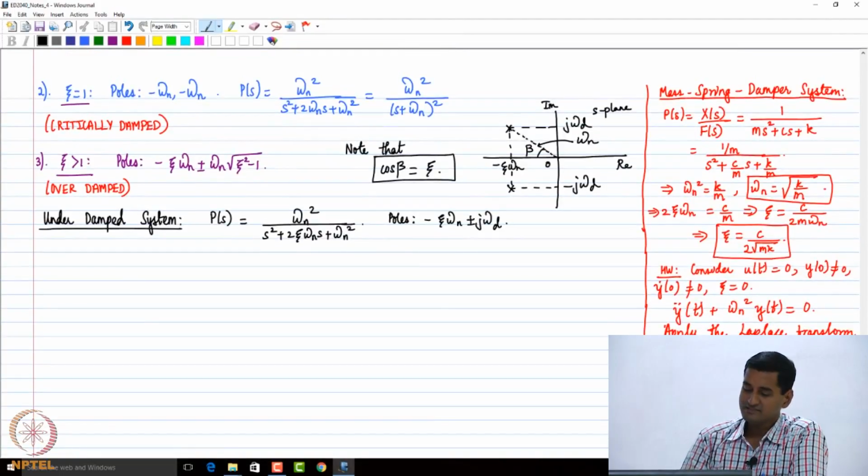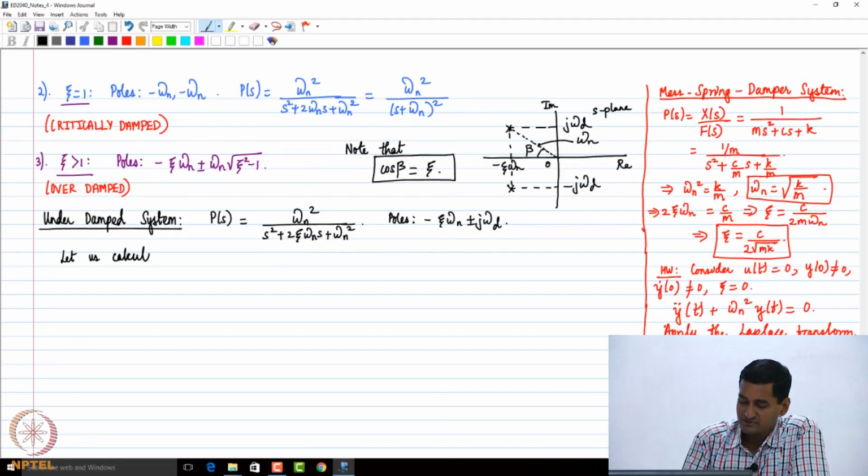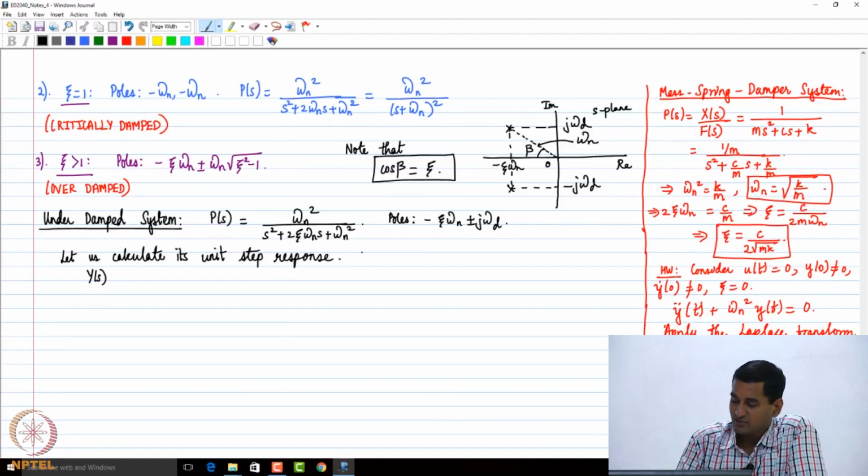So let us calculate the unit step response of this underdamped system. So unit step response means u of s is going to be equal to 1 by s, right?